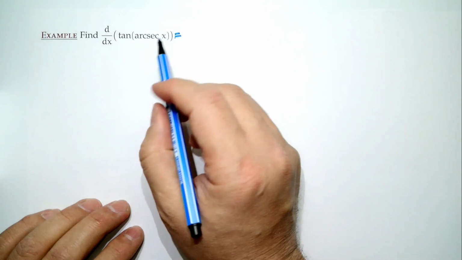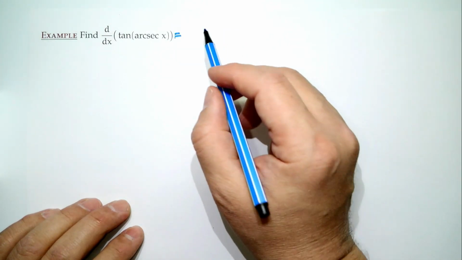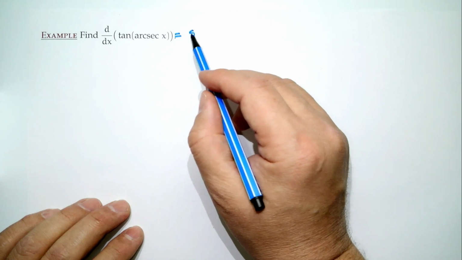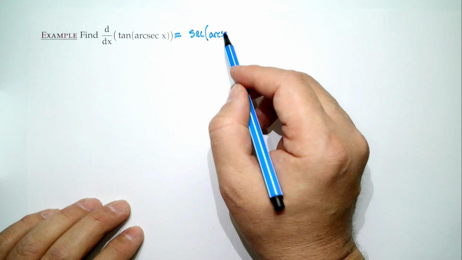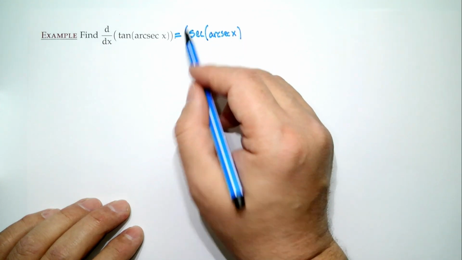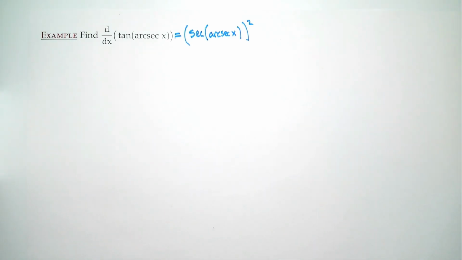All right, so we start by saying, well, the derivative of tangent is secant squared. So that's secant of, well, we plug into secant, which is arc secant, and then square. So this is my secant squared. I'm just writing that in a way that's going to be very convenient in just a moment. But that's secant squared.